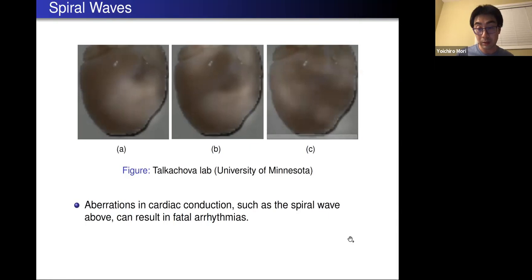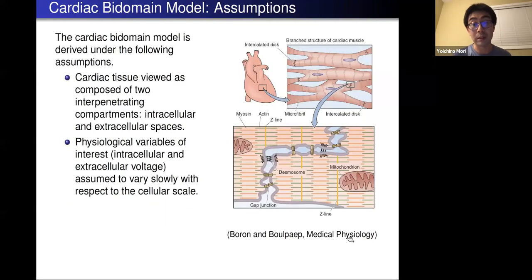I would like to talk about the histology of the heart. That is, what the heart looks like, essentially. If you look inside, the heart is made up of bundles of muscle fibers.